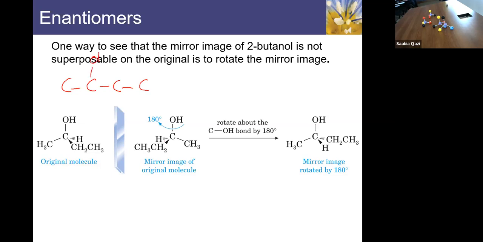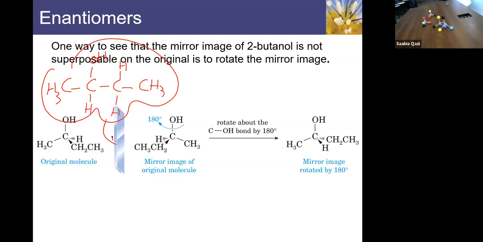2-butanol, OH here, right? And then you have CH3, CH3, H, H, right? Is this a 3D arrangement? No, you write it on paper like this. But if it's the same molecule, 2-butanol, I want to show how it looks in space, the way I showed you here. I use the dash-wedge convention. I'm sure that you know all this in chemistry, but that's okay.